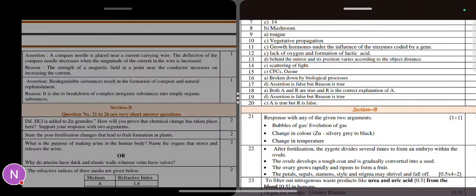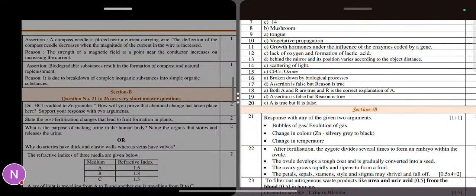The ovule develops a tough coat and is gradually converted into a seed. The ovary grows rapidly and ripens to form a fruit. The petals, sepals, stamen, style, and stigma may shrivel and fall off. So it is 2 marks for the question, so half a mark for each point. You have to write 4 points.